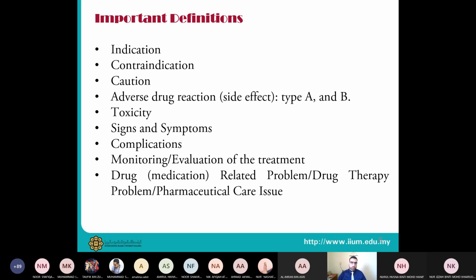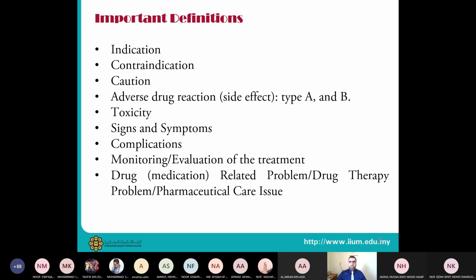So indication and contraindication. The third one is caution. Also, I noticed that students may confuse caution and contraindication. Caution is where you can use the medication, but with caution. You will read this frequently in special populations, for example, pregnant women, breastfeeding, elderly patients.